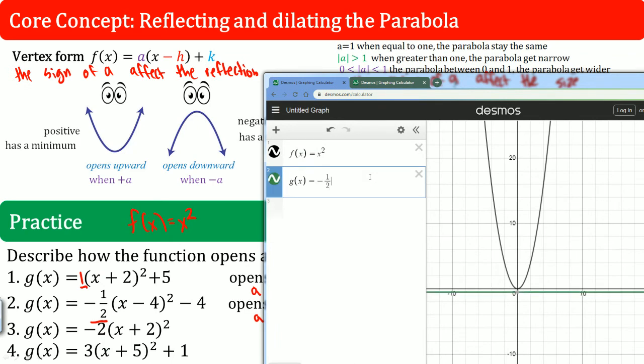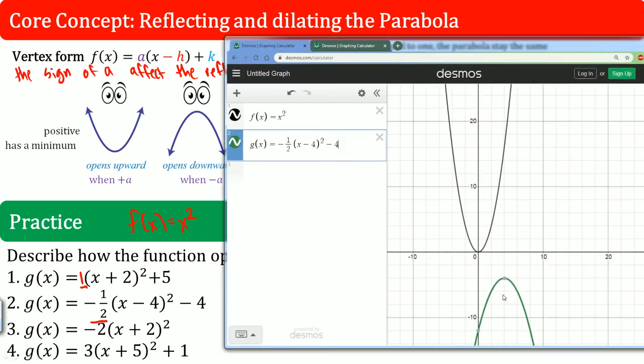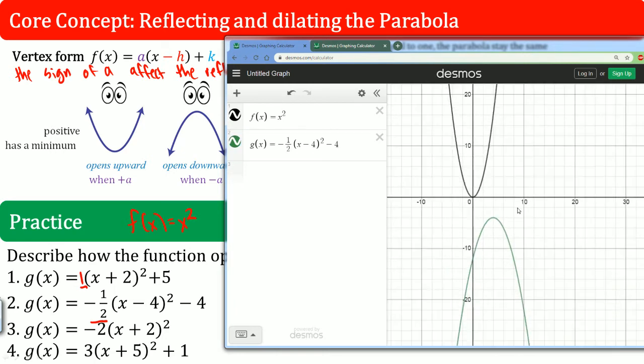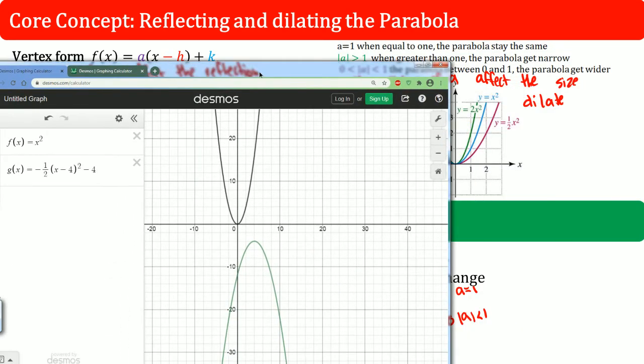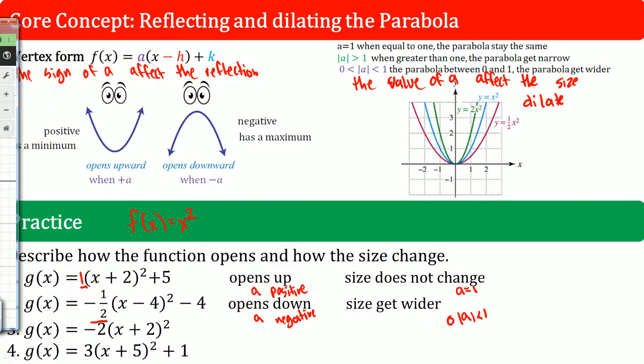Negative 1/2 (x - 4) to the power 2 minus 4. Yep, it went down, and did it get narrower or wider? It got wider, so yep, that is correct. Next we have a equal to negative 2, so that should open down because a is negative.